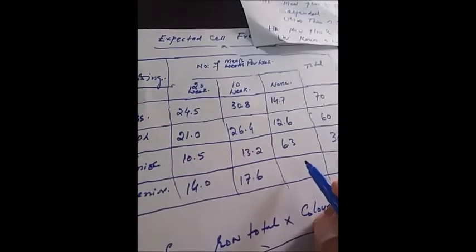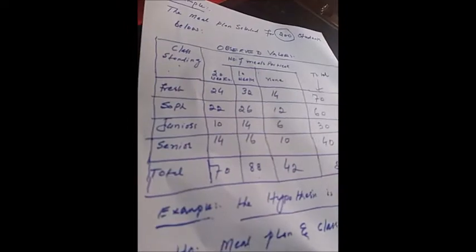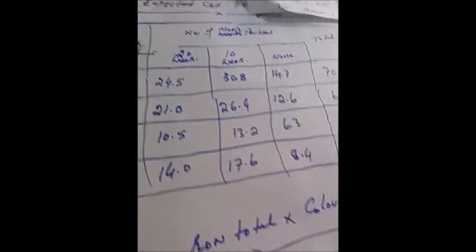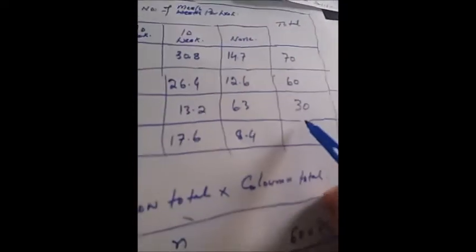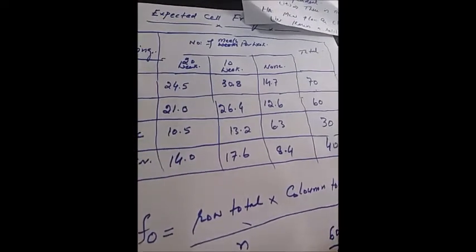So we obtained the expected value from these observed values for the none category, 8.4. So the total of 14, 17.6 and 8.4 is equal to 40.